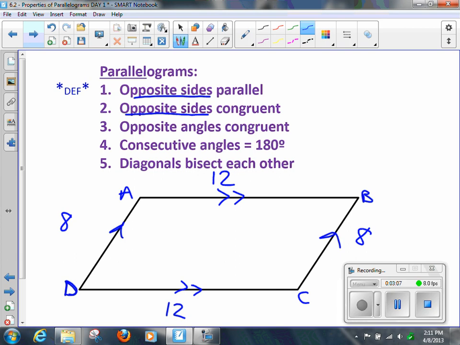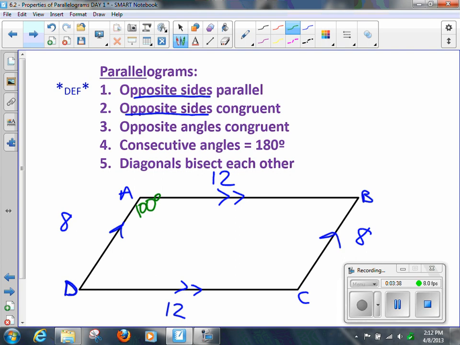So this says that opposite sides are parallel and congruent, correct? This is for a parallelogram. And then look at what it says. Opposite angles are congruent. We could get out protractors and literally measure these angle measures. But angle A appears to be what kind of an angle? It appears to be obtuse. So even without seeing, I'm just randomly choosing an obtuse number, 100.